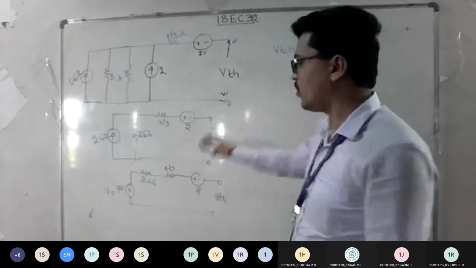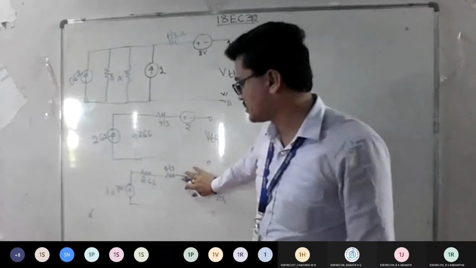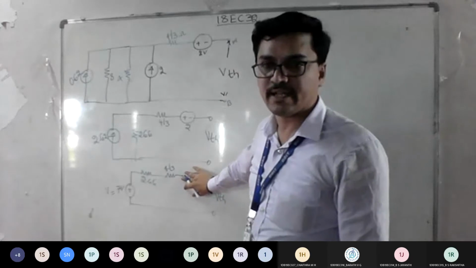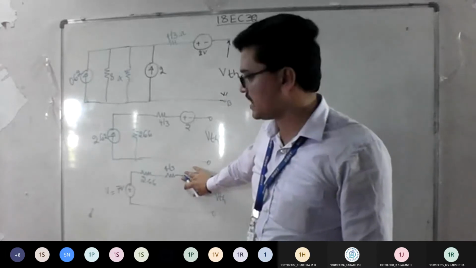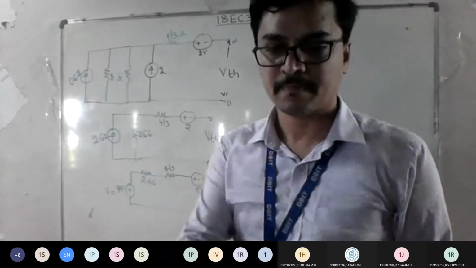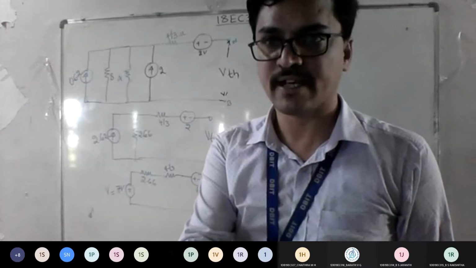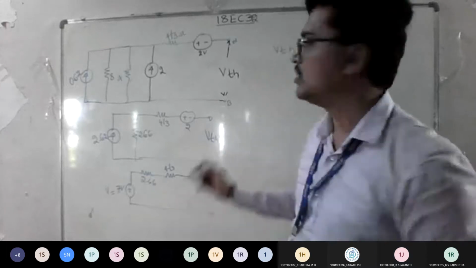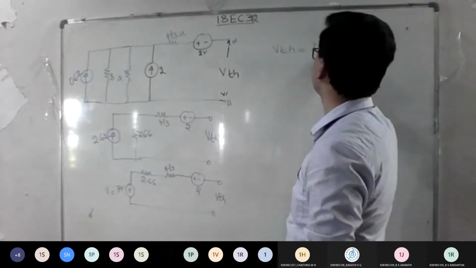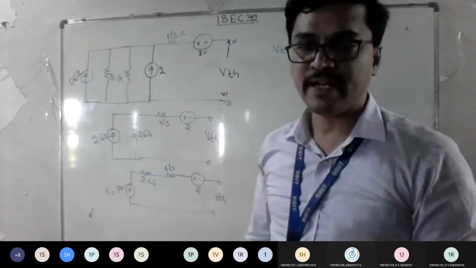Since you have only one main voltage source, if this 2 volt was not there, I could have written VTH as 7 volt. Agree? Everyone agree? Yes, sir. Since that 2 volt is there, I should subtract it from 7. 7 minus 2, so you got 5 volt. Hence you proved VTH is 5 volt.